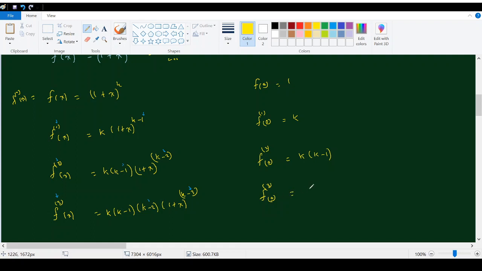So evaluated at 0 will only give these terms, k, k minus 1, k minus 2, right?